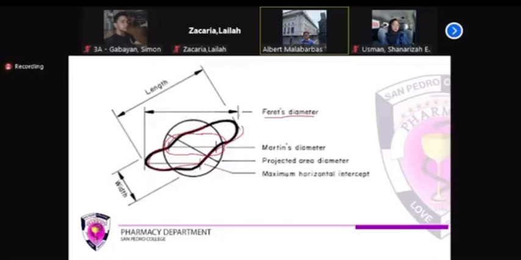So the edge to edge distance of the powdered particle is the Feret diameter. Martin's is the distance that will divide the image into half. Projected area diameter is the size of the particle that will be enclosed within the eyepiece of the microscope.